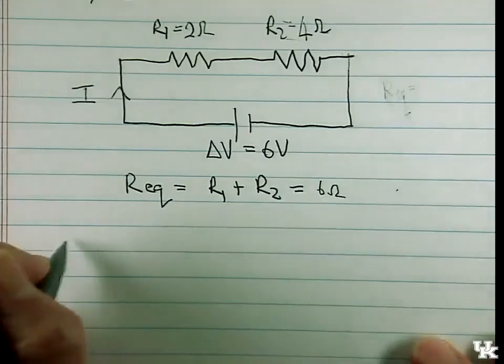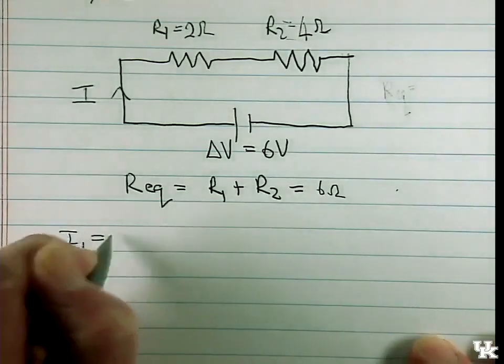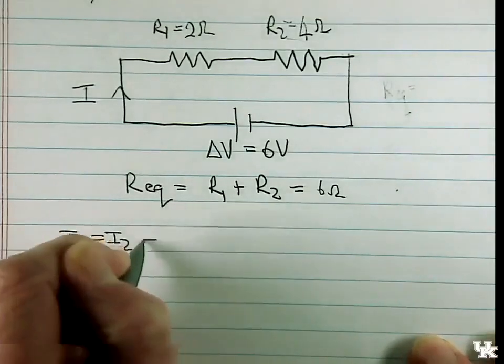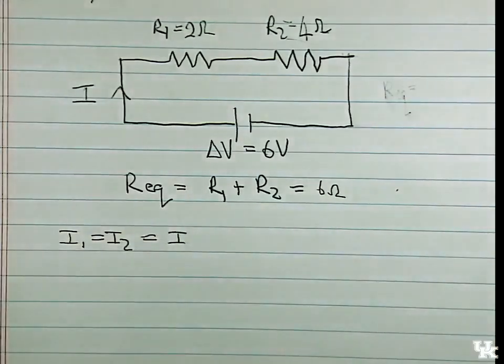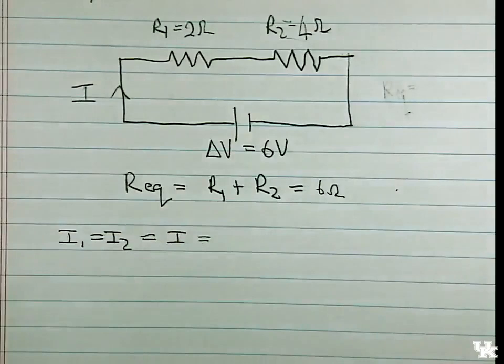So the current through resistor 1 is the same as the current through resistor 2. I1 equals I2. And that's the same as the current through the equivalent resistor, the 6 ohm resistor, if it's connected across the same voltage, the 6 volt voltage.